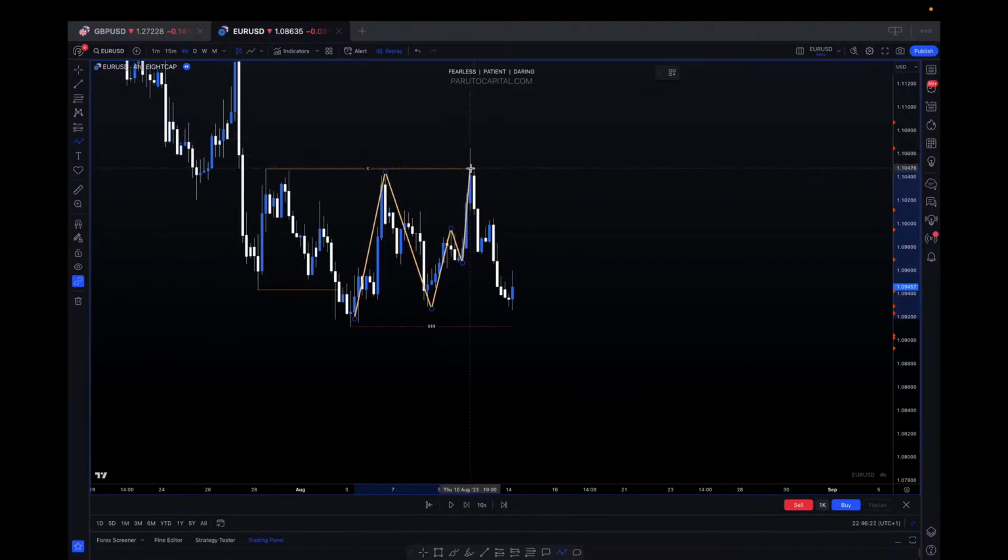Price returned after that, flipped around this area and then pushed down. So right now we're expecting price to take out the slope, but before it does that, it may pull back before we get a continuation. So we're very clear with market structure, and we're very clear on what price needs to do.